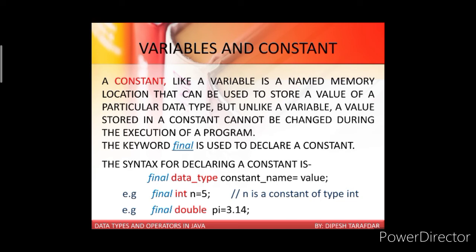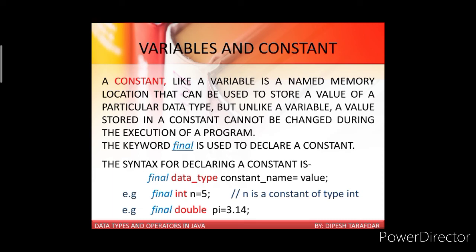Now one more difference you can see over here is that when you declare a variable, it is not necessary that you have to initialize the variable with a value. You can do it later, or the value of a variable can be the result of a calculation. But when you're declaring a constant, it is a must that you initialize it with a value.